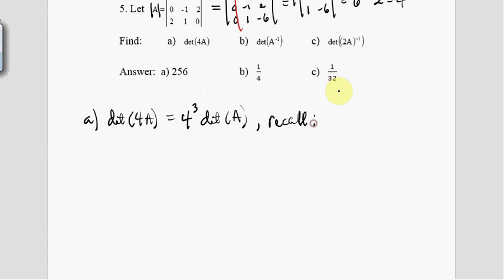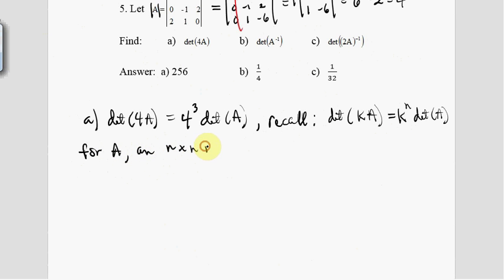So recall that the determinant of k times A is equal to k to the n times the determinant of A, for A an n by n matrix.